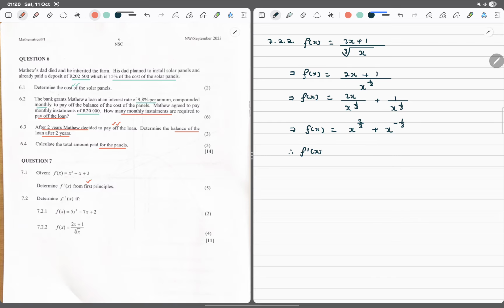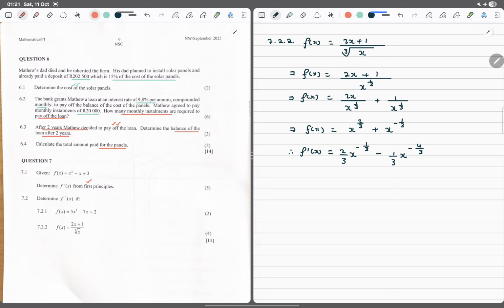So f prime of x is going to be 2 over 3 x to the minus, now 2 over 3 minus 1. You see, that's going to be minus a third. Minus a third of x to the minus 1 there. This gives us minus 4/3, isn't it?